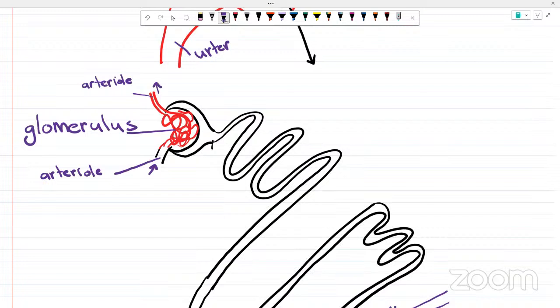Afferent and efferent actually. Afferent carries the blood in, efferent carries the blood out. This is called the Bowman capsule, and this is the proximal convoluted tubule.